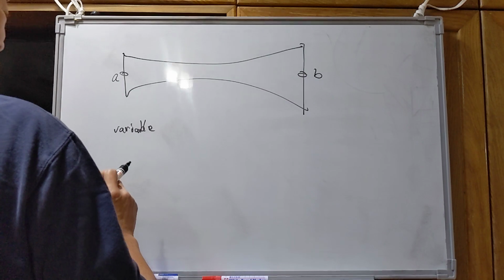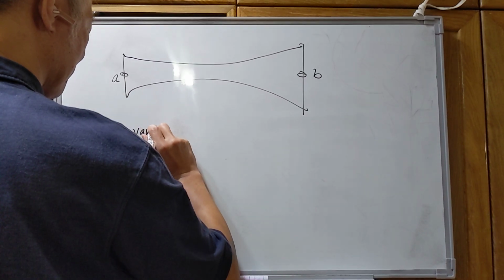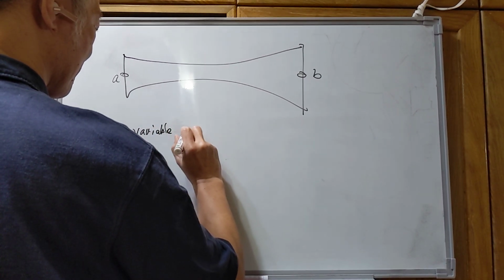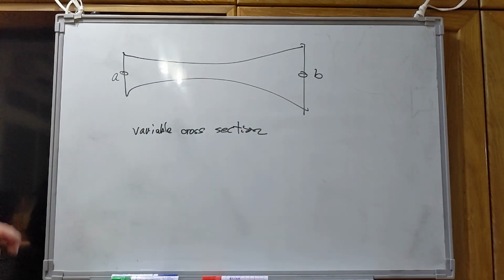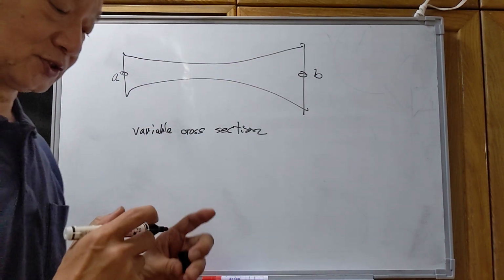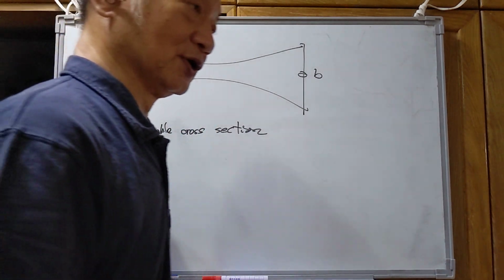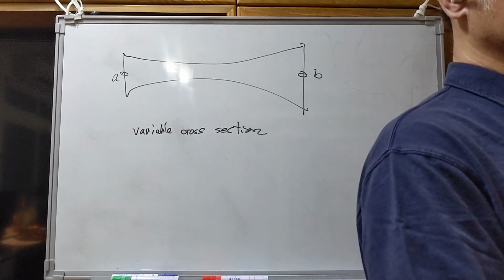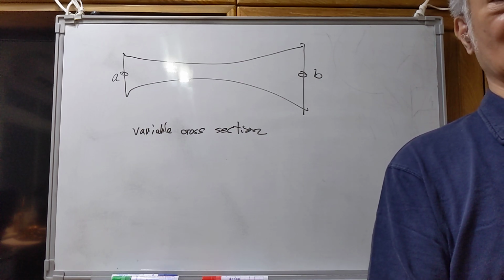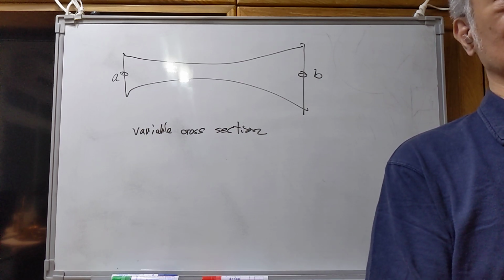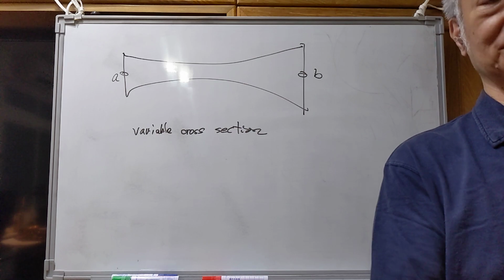For this beam element, we have the variable cross sections. It is not a uniform cross section, so the I and the A, the moment of inertia and the cross sectional area, are not constant. For different cross sections, we have different I and A values. And also, if you consider the shear deformation, the shear area will also be changed.